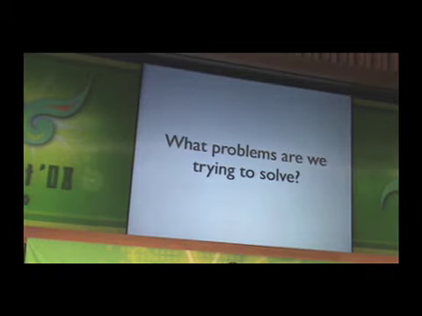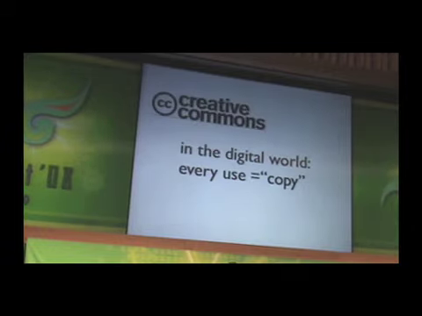Let's look at this problem again. What problems are we really trying to solve here today? Let's take an example. Now, Creative Commons. Creative Commons is trying to solve a very important problem. The problem was initiated with the rise of the internet.